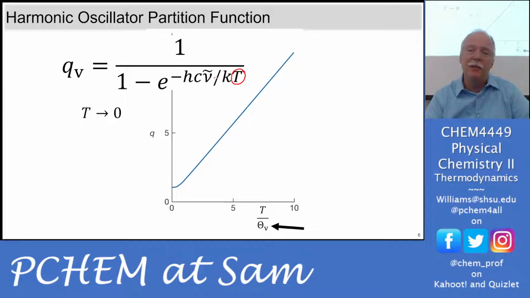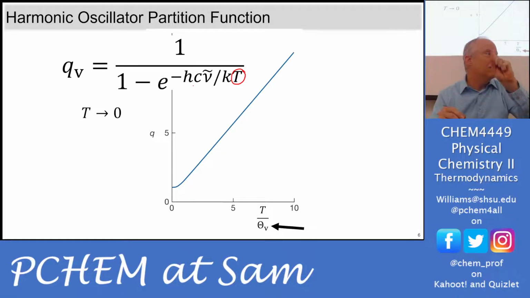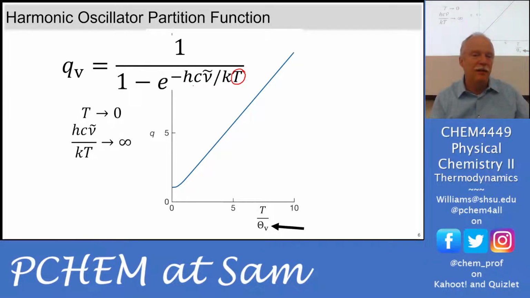Temperature is in the denominator of an exponent. There are lots of places where it's buried, and we have to think about what happens if temperature goes to 0: the fraction that it's in blows up. Does that make sense? So this fraction goes to infinity when temperature goes to 0.